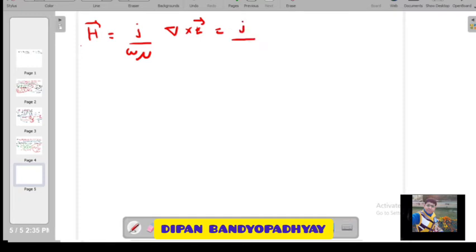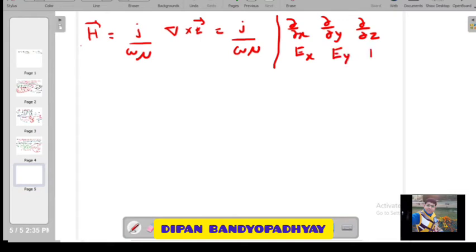We need to evaluate a determinant, and this curl has the form del/del x, del/del y, del/del z, and you have to write the components along all three directions, and you have to write the unit vectors.